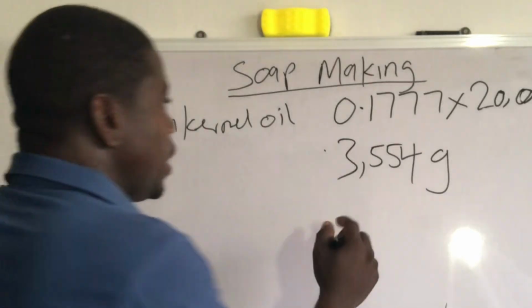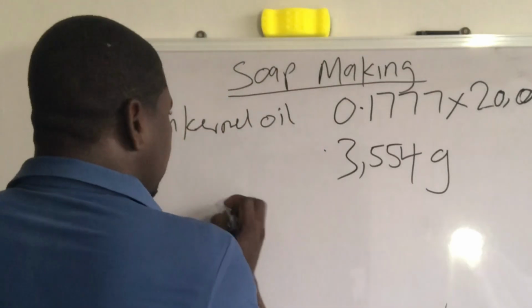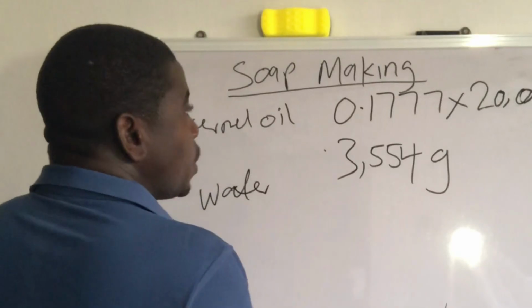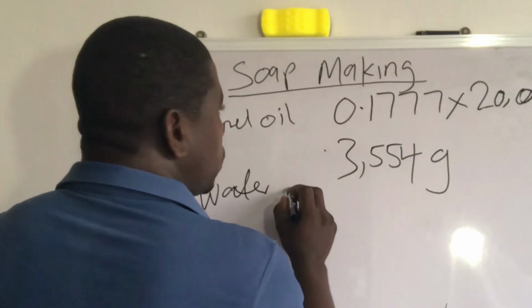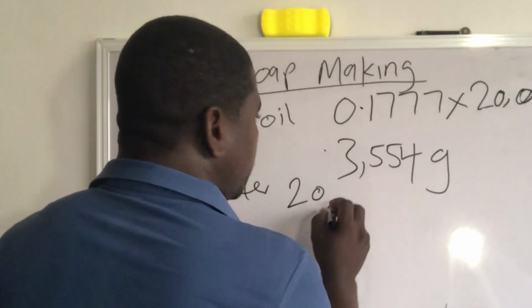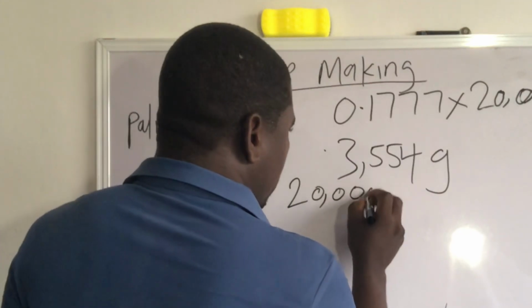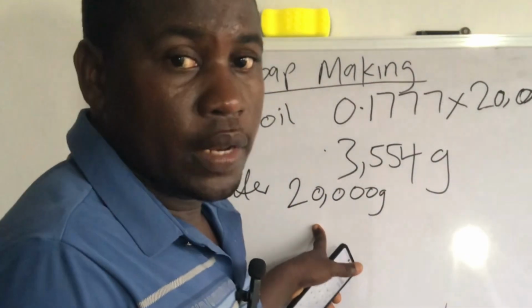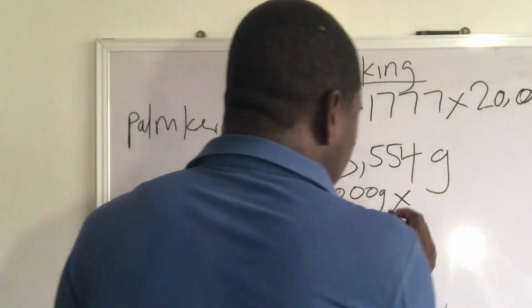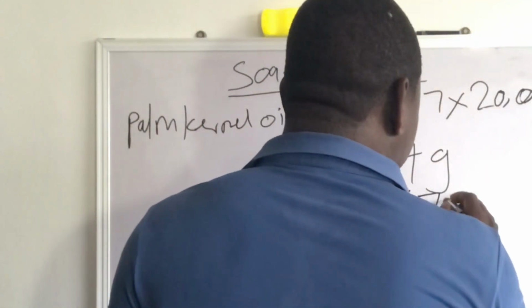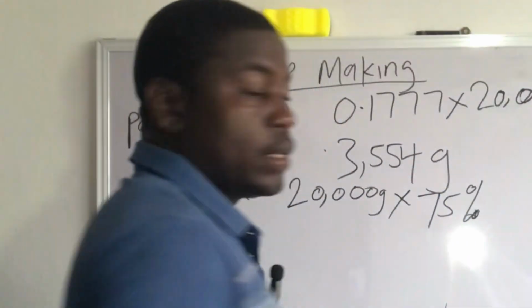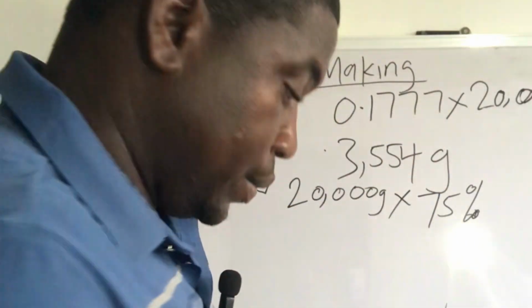So we say water is 20,000 grams of oil times 75%. Let's times it together.